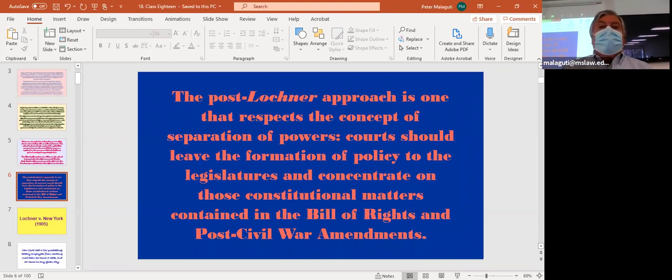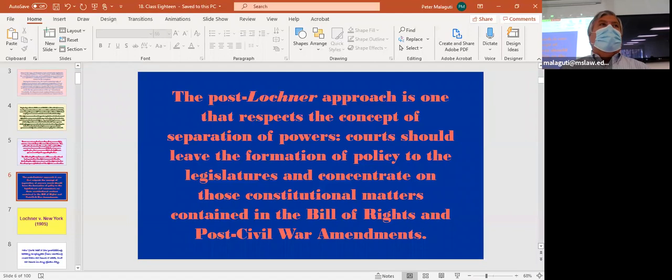One further point is I think the post-Lochner approach is a pretty firm embracement of the concept of separation of powers. And we've been talking about this throughout this course. Legislatures pass laws. They deal with policy issues. The courts don't deal with policy issues.